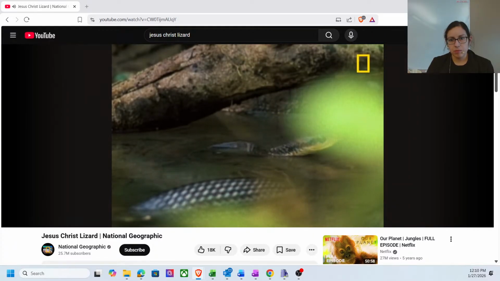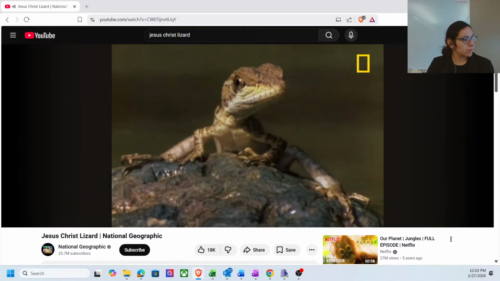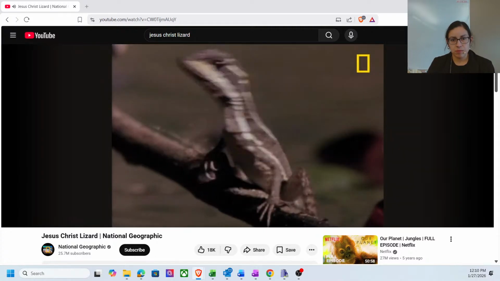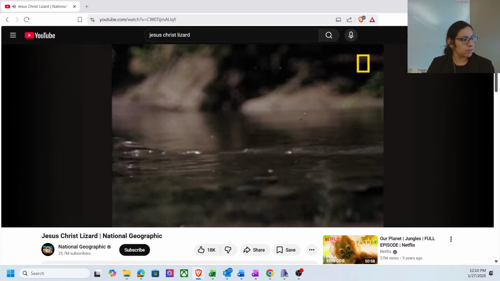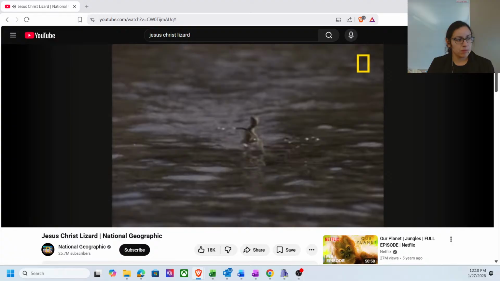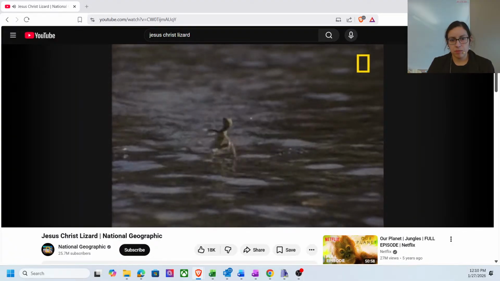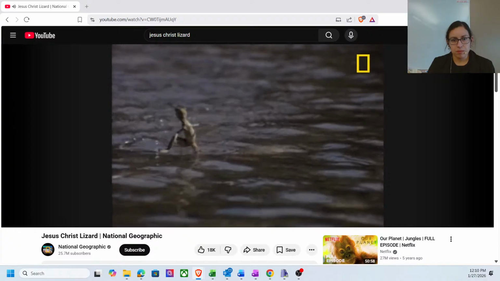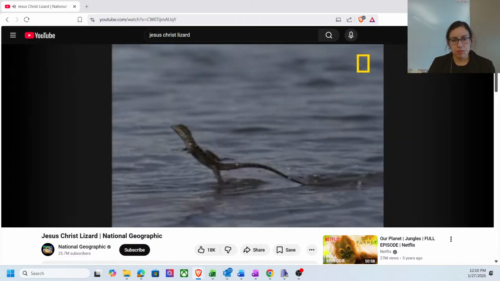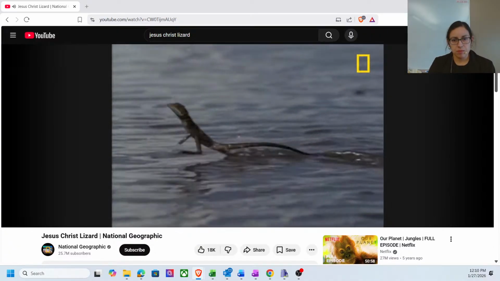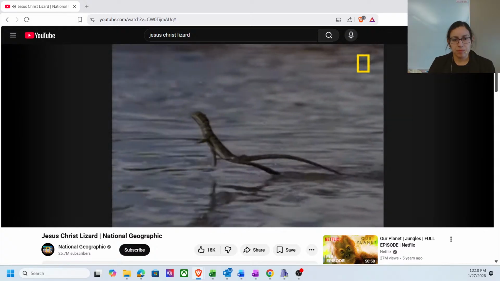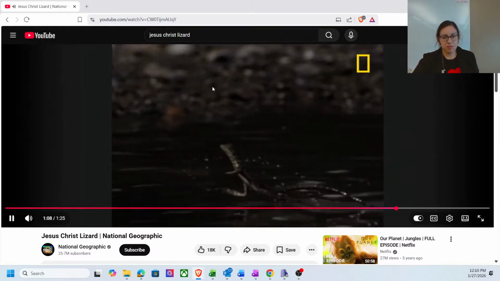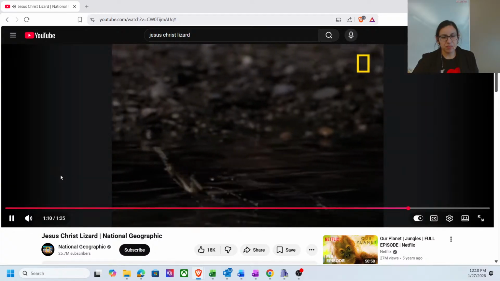This predatory reptile will help reveal the secret as it stalks the young basilisk. The basilisk is called the Jesus Christ lizard because it can walk, well, really run on water. It bicycles its hind legs, and the tail becomes a counterweight.